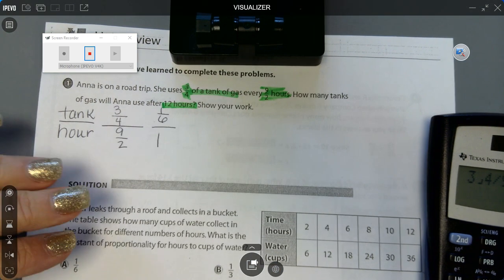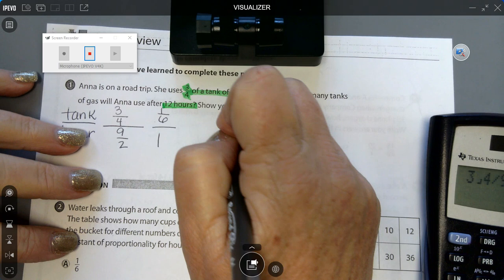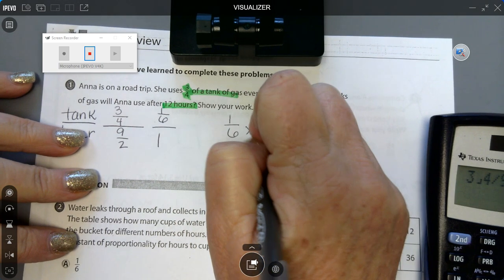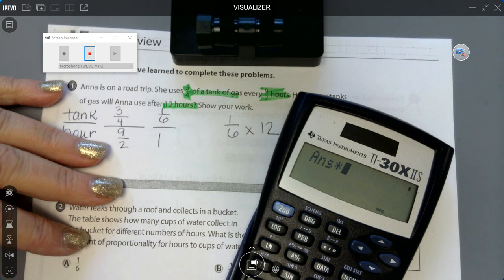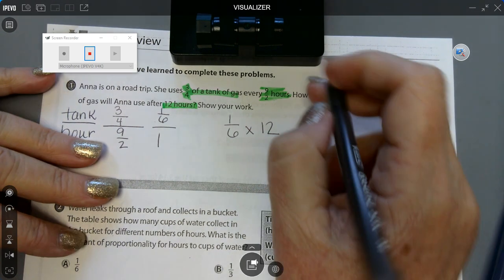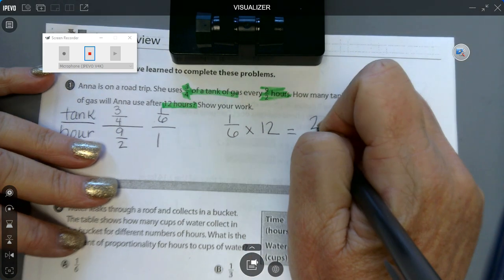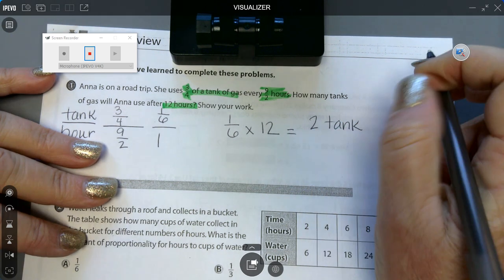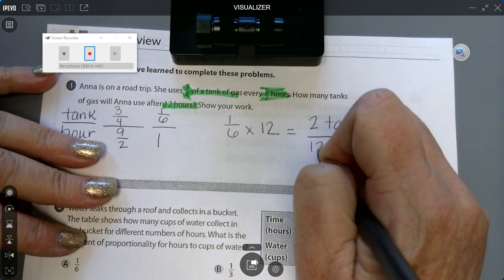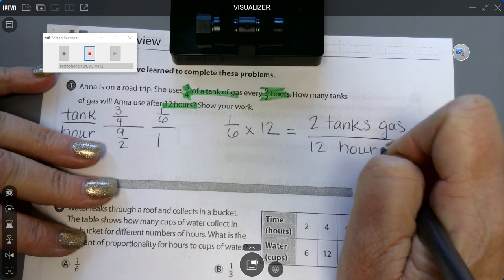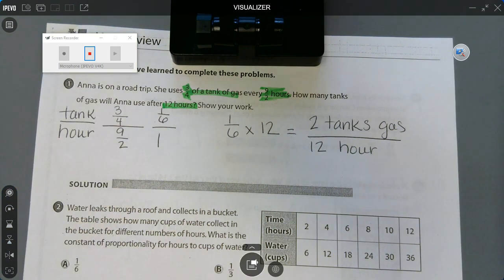So we take 1/6 and multiply it by 12. 1/6 times 12 comes out to be 2. So she needs 2 tanks of gas for 12 hours of, I'm assuming, driving. Okay?